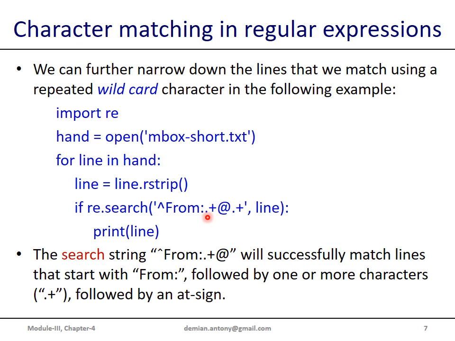It can be a punctuation also. Dot plus. At least one character should be there in general. Then the at symbol. Then followed by one more character which refers to the domain name. So if I have a pattern like this, I'll be printing those lines.